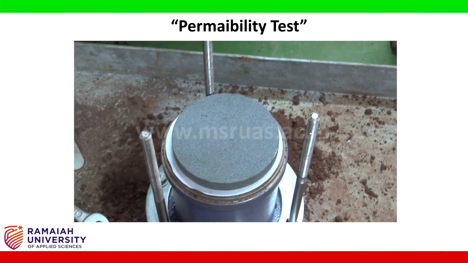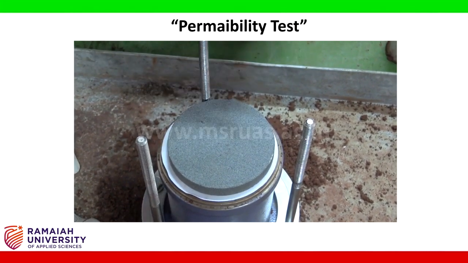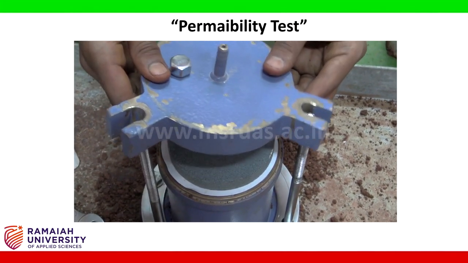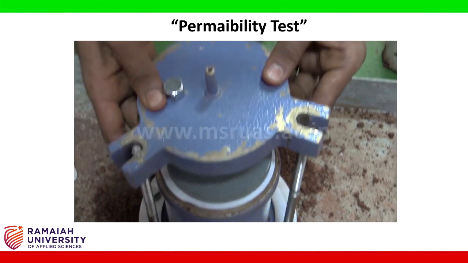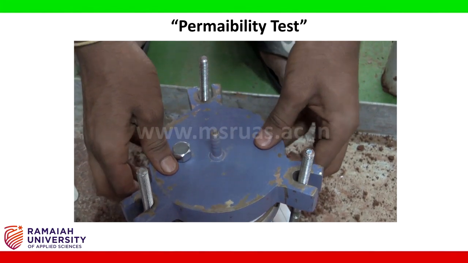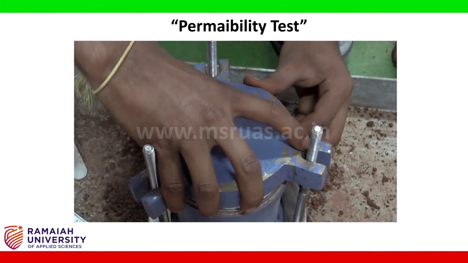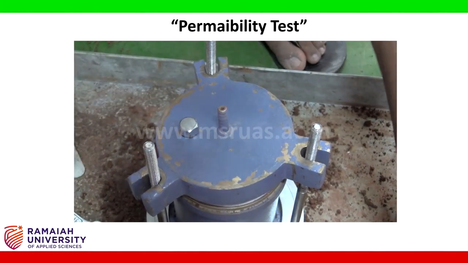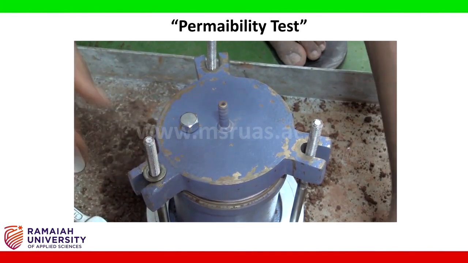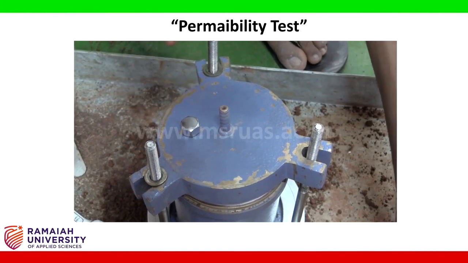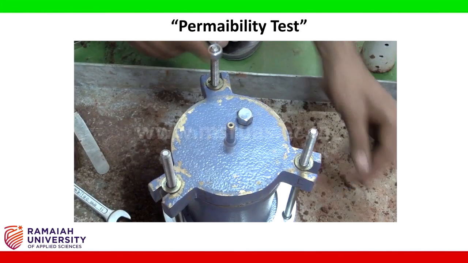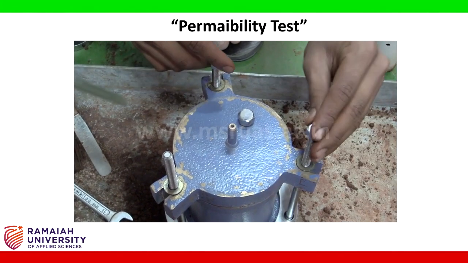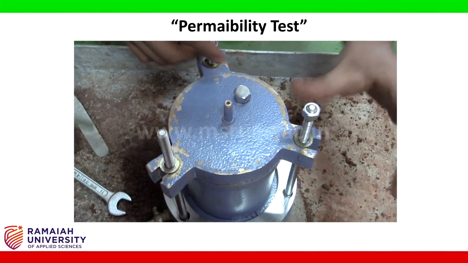Later, place the lid of the permeability mold like the way it is shown. This lid ensures a watertight situation for the test. Place the nuts and tighten them evenly.